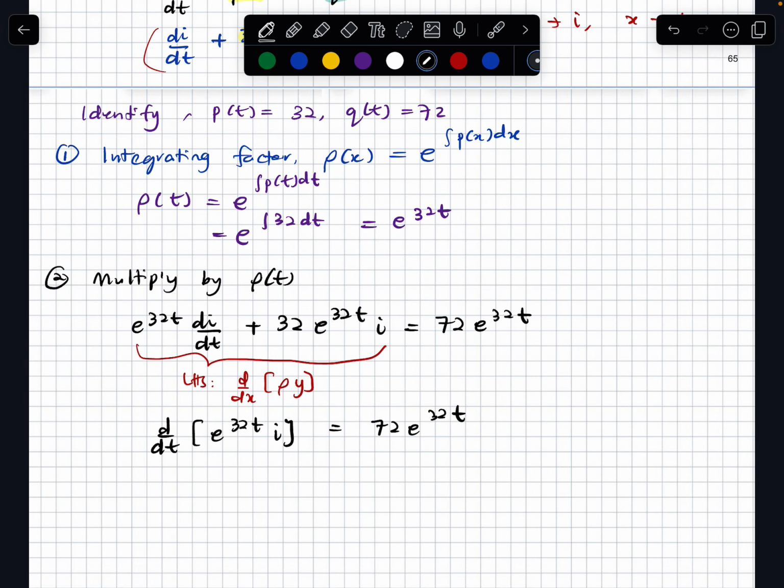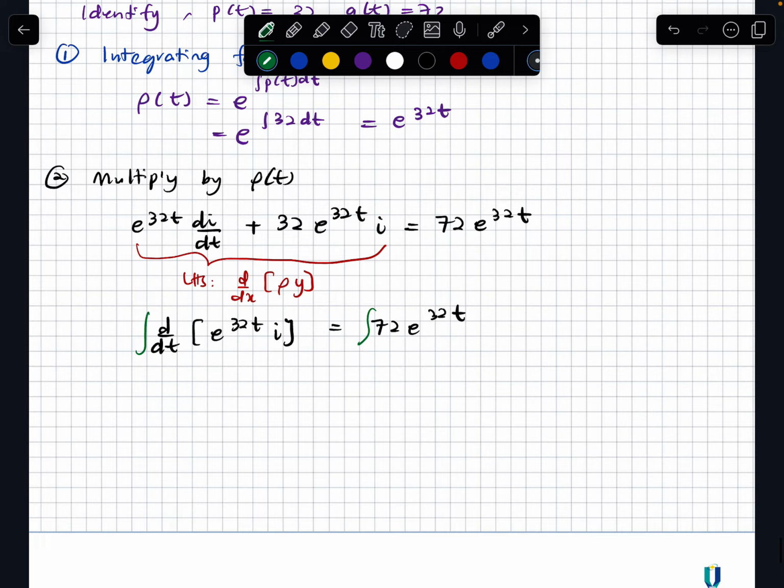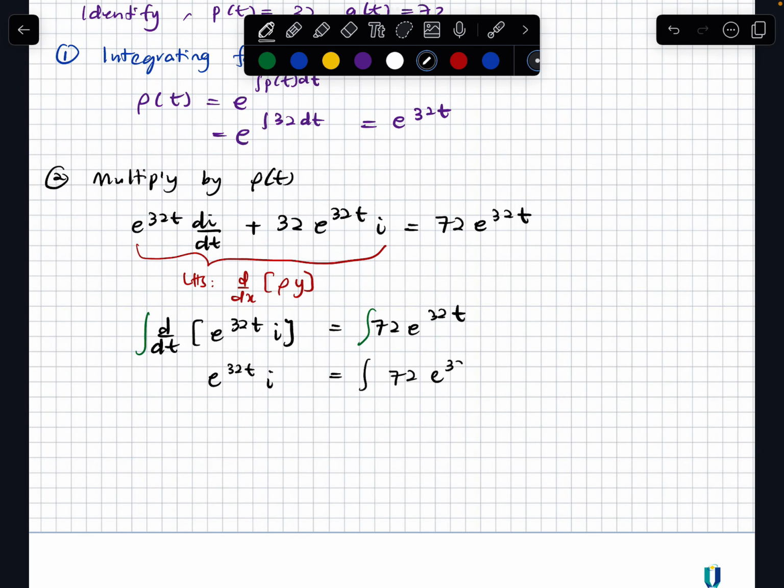The next step, let's integrate both sides. The integration cancels the differentiation, so we just have the value inside the bracket. You just copy what it is. The right-hand side is the integration of this value.